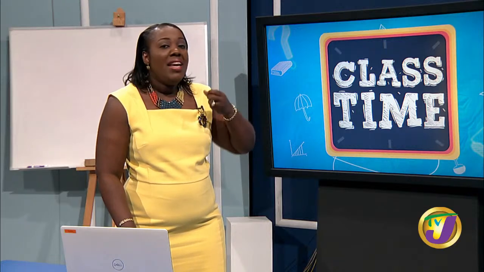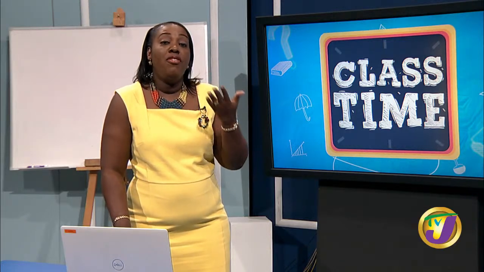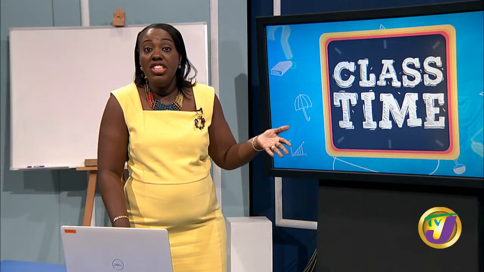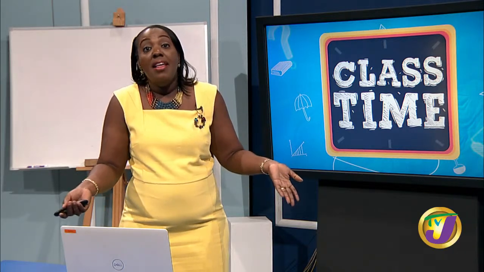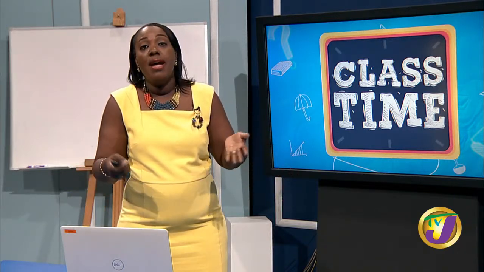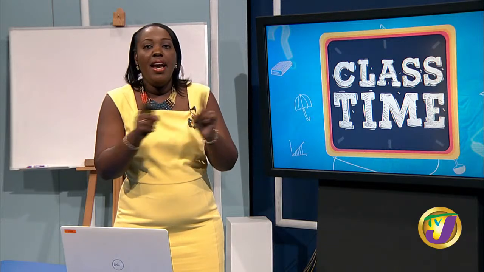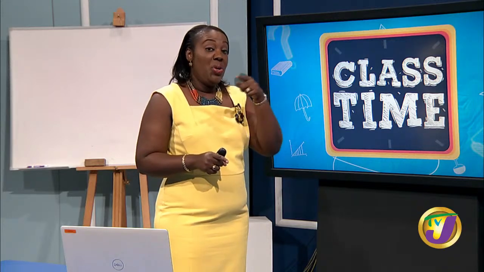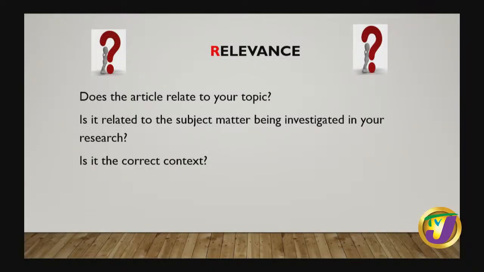And why? Because the information is going to be flawed. What am I doing with Canadian or Australian information in a research paper that clearly states we're talking about the Jamaican society? Erroneous information right there and then. Is it related to the subject matter being investigated in your research? Ask yourself that. Is the context correct?